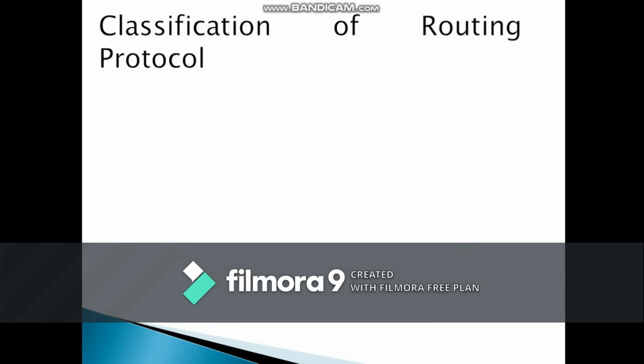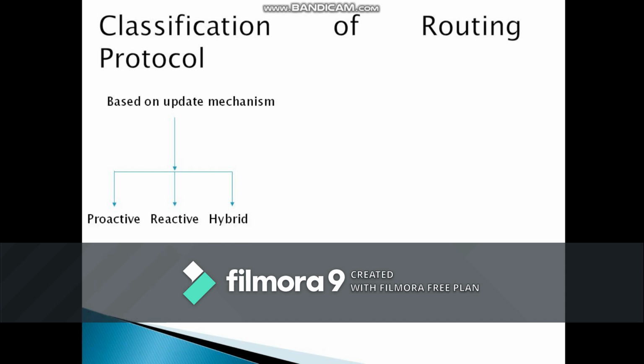Now let us see the classification of routing protocols. On the basis of update mechanism, the routing protocols are classified into three types: proactive, reactive, and hybrid. On the basis of temporal information, the routing protocols are divided into two categories: past and future.